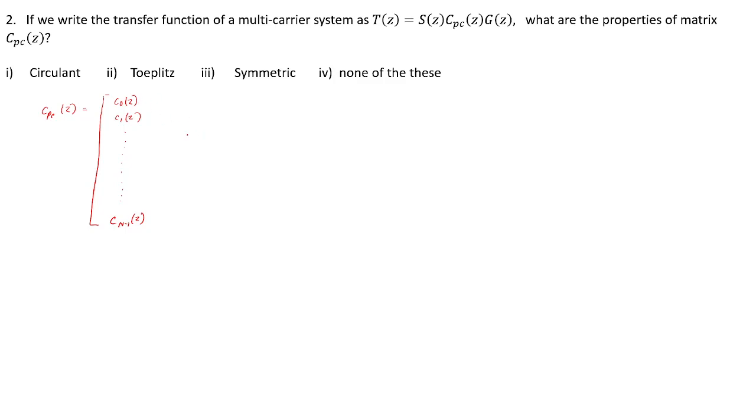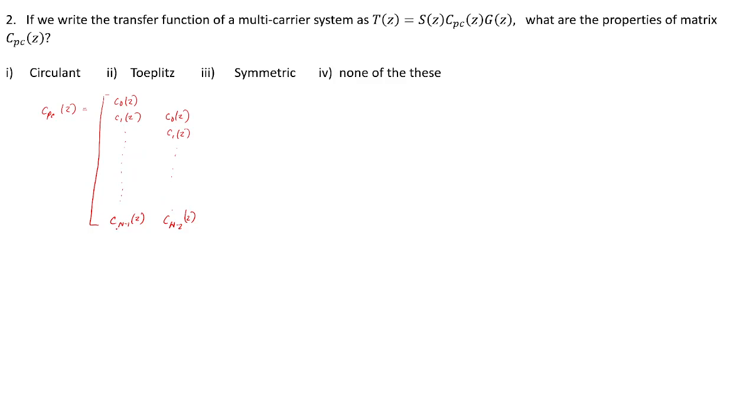It's also another way of saying that the elements of a column, okay, let me write it down, it's better. Like C0(z) you have seen in the first row, in the next column, that is the second column, your C0(z) comes here, and it maintains the sequence, by the way. So up to you come here, C(n-2)(z). Now it shows a circular behavior. Why?